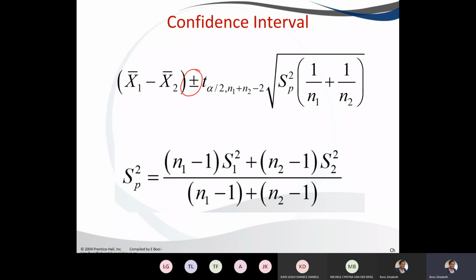Since it has the plus or minus, we're always going to find the minus, which is the lower class boundary, and the plus, which is the upper class boundary. Always calculate the minus first, because if you start with the plus first, you are going to swap the values around, and you might find there is a matching answer in the options. So minus comes first, then the plus comes second.